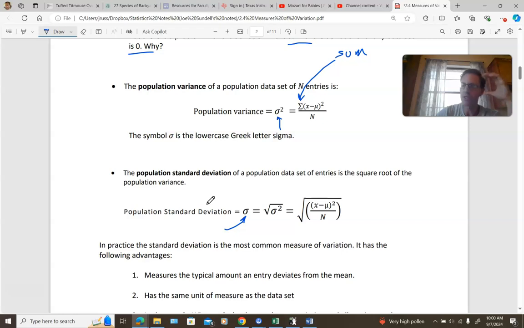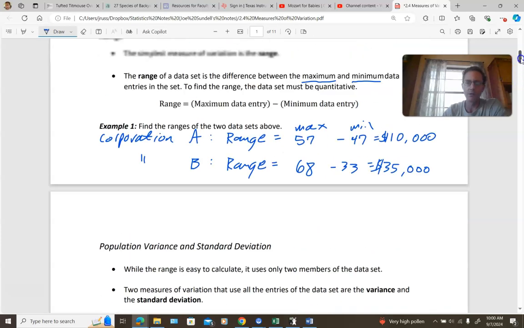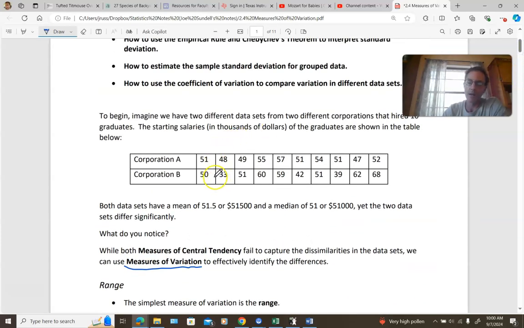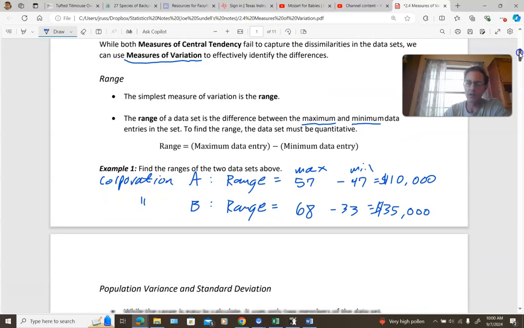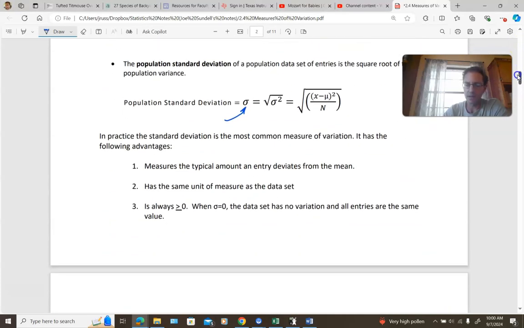And the standard deviation is the best measure of the variation of a data set, or in other words, how spread out it is, okay? So if we go back up to that initial example up here, I would be willing to guess that the standard deviation for corporation B is going to be greater than the standard deviation for corporation A, simply because the data is more spread out. Now we could actually find it and quantify it, but we're not going to do that at the moment.